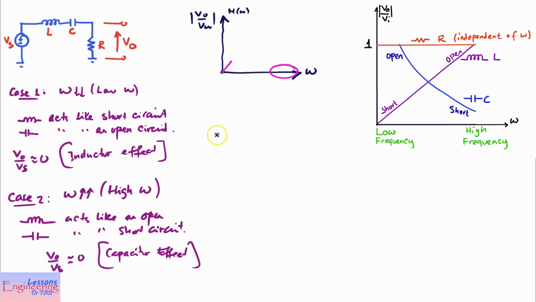But at high frequencies, the gain again approaches 0, but with the capacitor effect, which approaches 0 not linearly, rather as a decaying exponential function like that. So as frequency increases, this will unfold to be something like this.